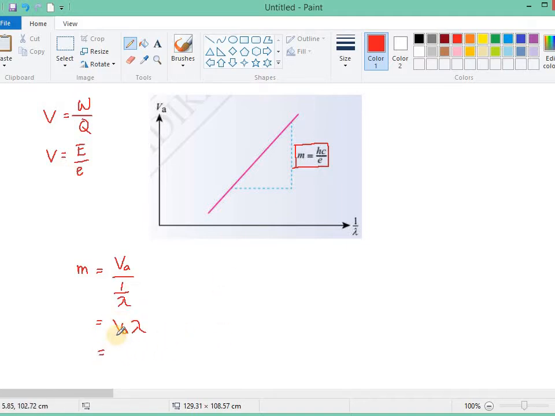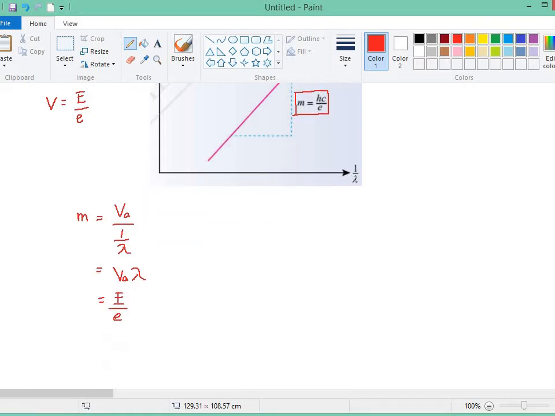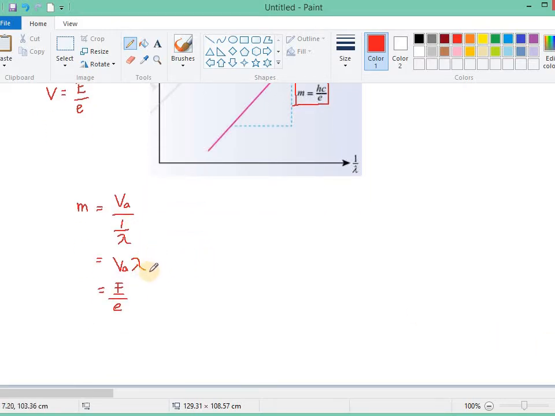So this becomes energy over the charge of one electron. This is the energy of one photon, because the energy needed for one electron to undergo the photoelectric effect is the energy from one photon only.